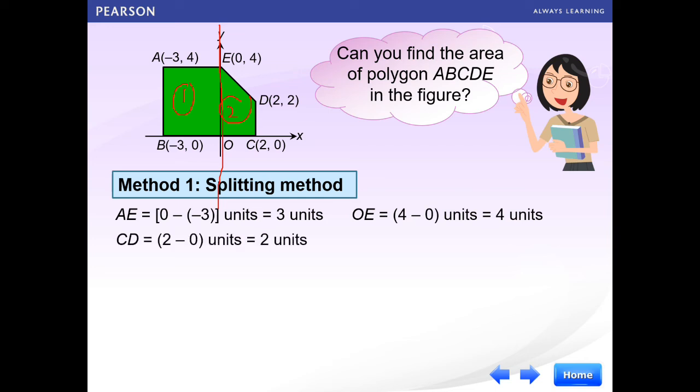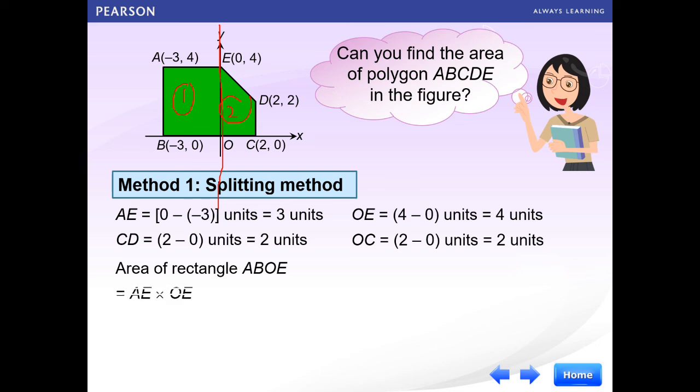And not only that, because you need to find the second figure, trapezium, you need the upper base also, CD, and the height OC. After you get the information you need, you can go straight to finding the areas one by one. Area of rectangle ABOE, 3 times 4, you get 12 square units.